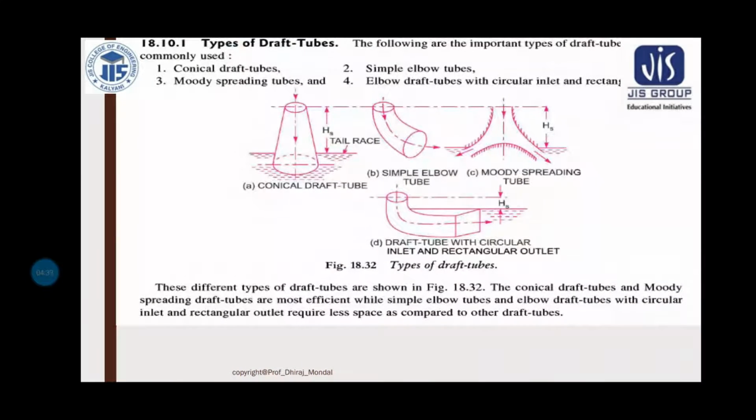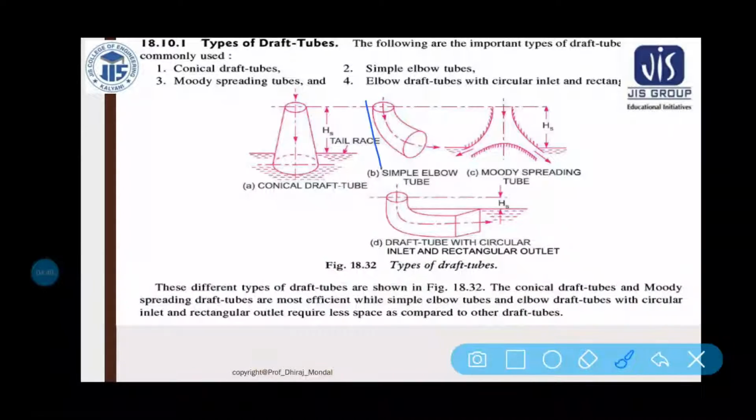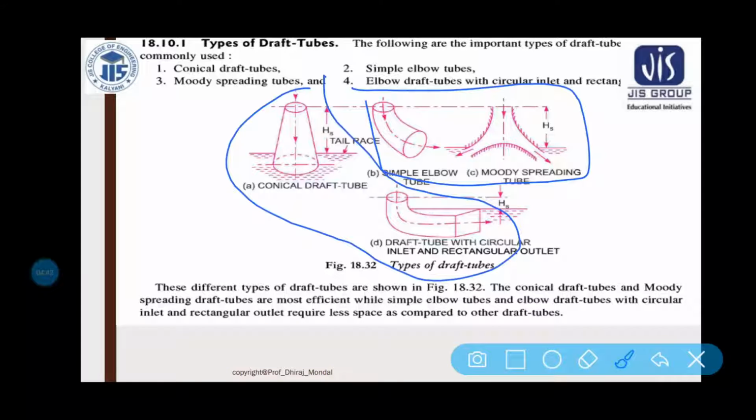Why? Because based on our need, the simple elbow and Moody spreading draft tubes need very little space, while the conical draft tube and the elbow draft tube with circular inlet and rectangular outlet need a large area and large space.